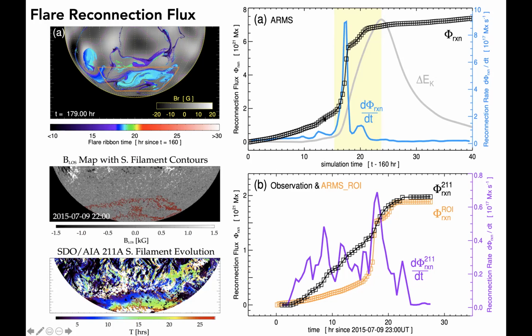What happens is the reconnection actually starts first and remains slow, but you are accumulating reconnected flux. Then the reconnection rate jumps pretty rapidly, you increase the amount of reconnected flux almost immediately, and you also start to see the eruption signatures in the kinetic energy.